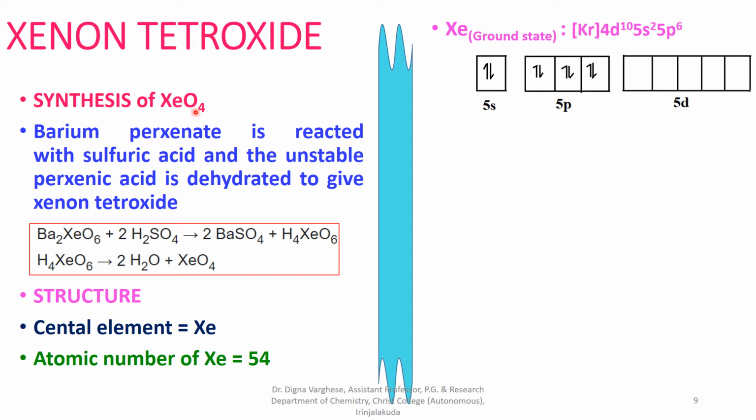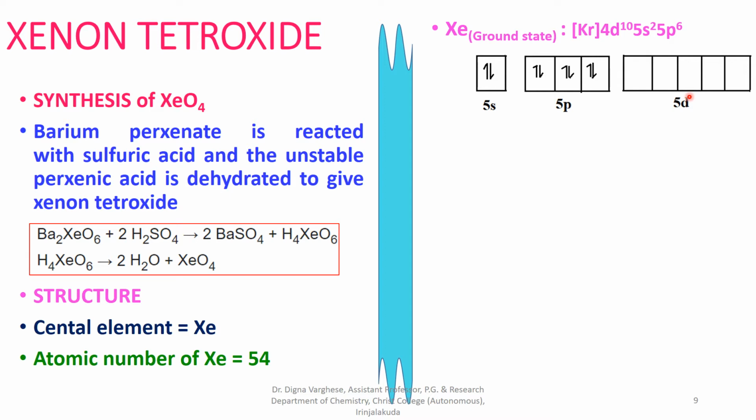Therefore, a xenon atom needs 4 unpaired electrons to make 4 bonds with the oxygen atoms. This is possible by the promotion of one electron from 5s and 3 from 5p orbitals to empty 5d orbitals.